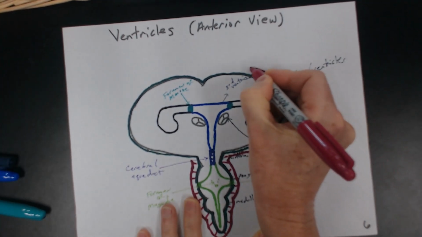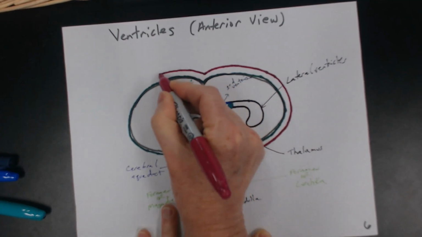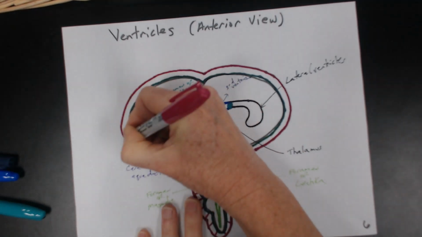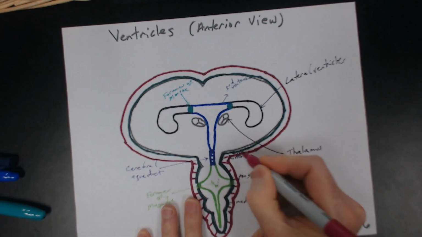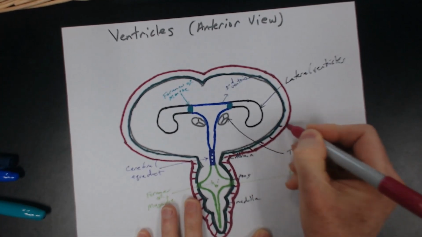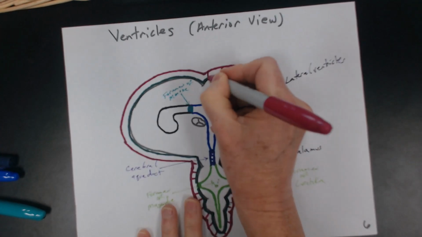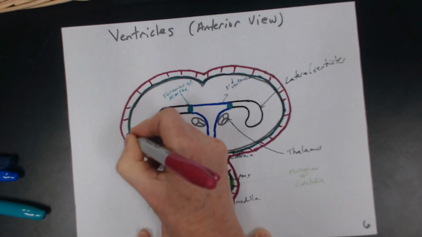And in that subarachnoid space, what's in the subarachnoid space? Does anybody remember? What's it filled with? CSF, great. CSF, and also there are free-floating cerebral veins and arteries in that space as well. Okay, and these colors should be consistent with what we did before.